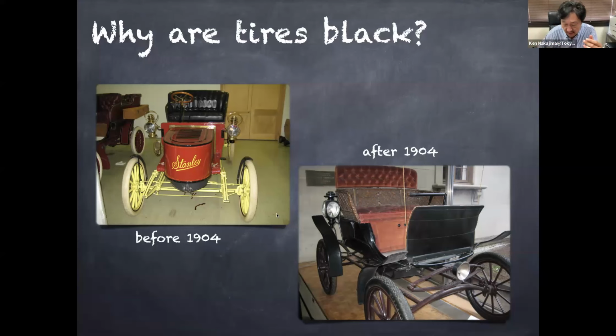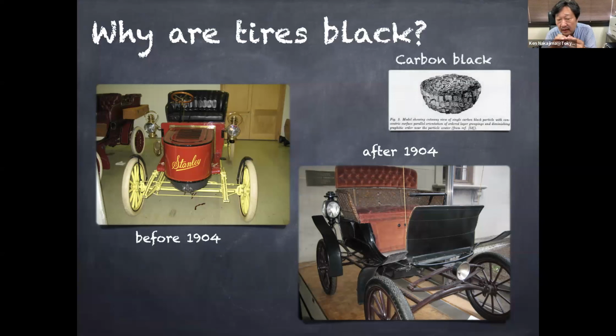But in 1904, someone found that adding carbon black to the rubber gave quite a high enhancement of the mechanical property. After that, all tires became black due to this carbon black.